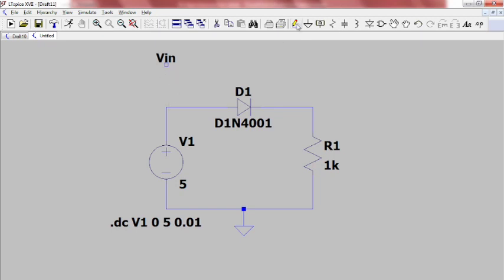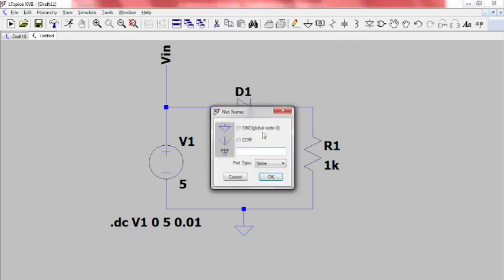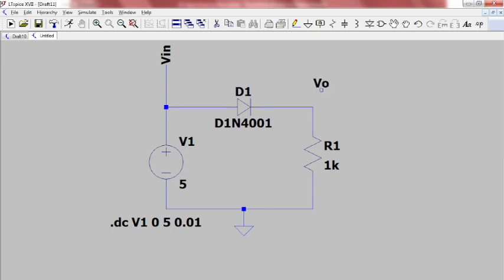Make the connection using the wire tool. Also, we need another label for output, Vo. I can place it anywhere and make a connection.